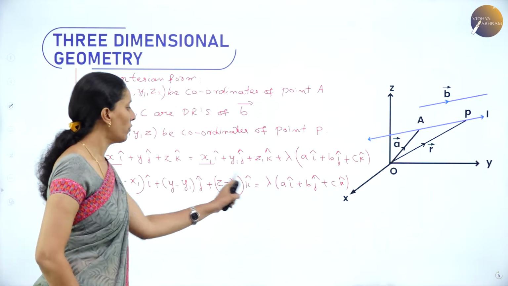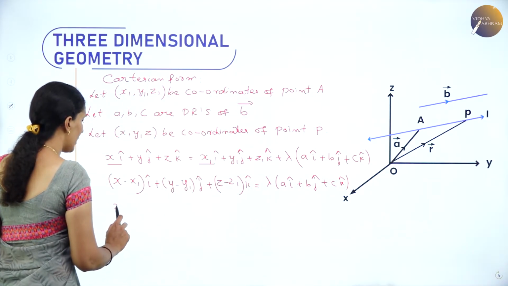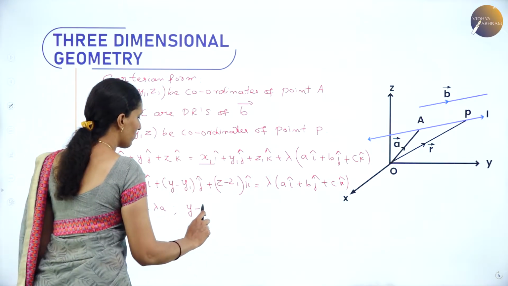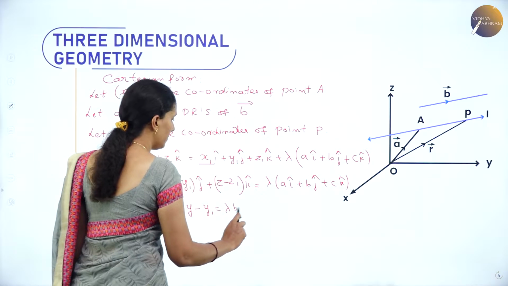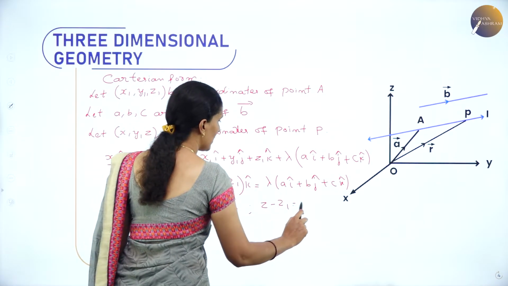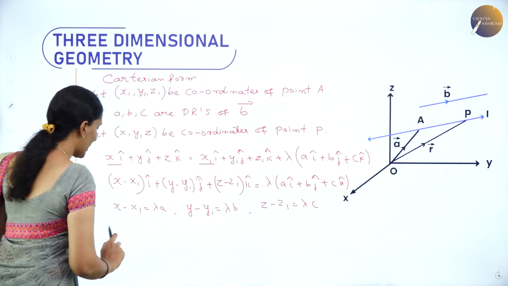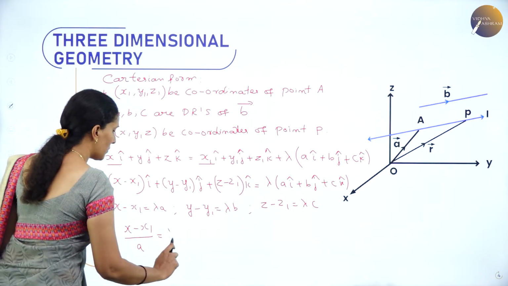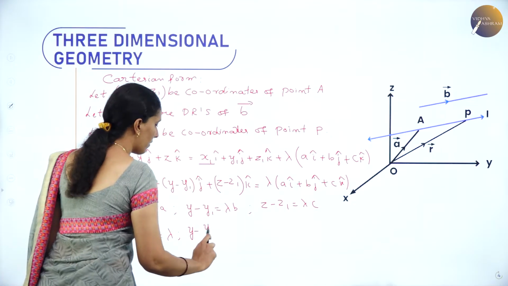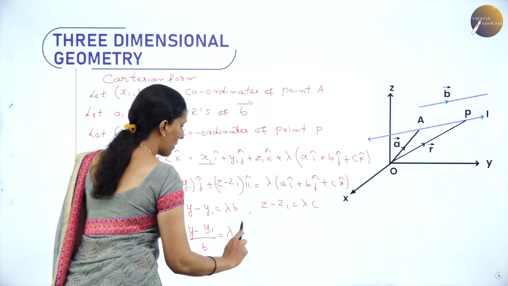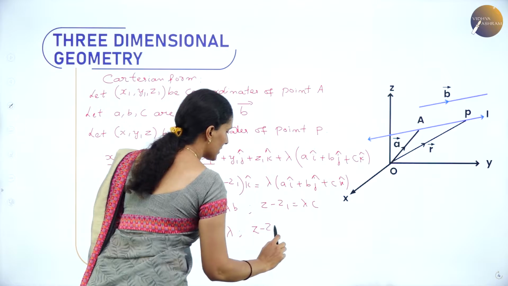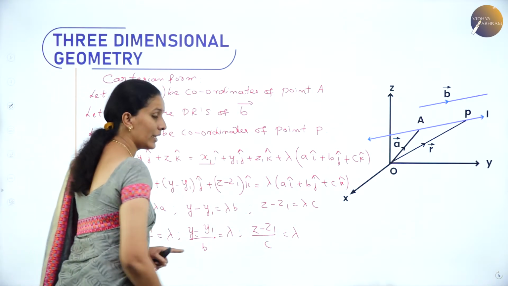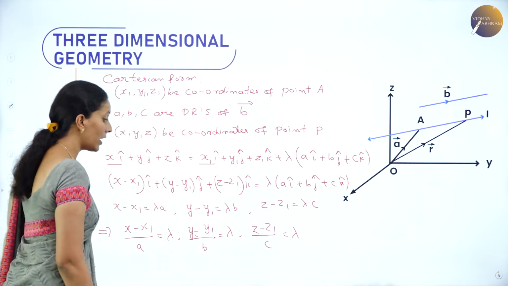Since here two vectors are equal, I can write x minus x1 is equal to lambda a, y minus y1 is equal to lambda b, z minus z1 is equal to lambda c. Or I can write x minus x1 by a is equal to lambda, y minus y1 by b is equal to lambda, and z minus z1 by c is equal to lambda. Now we have all three equal to lambda. That means they are proportional.